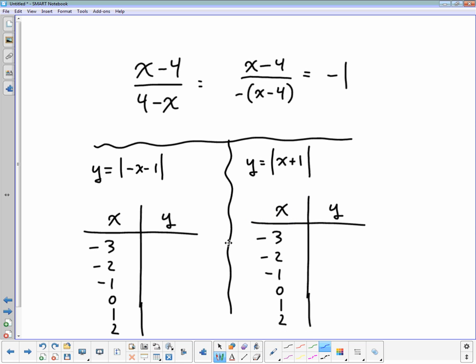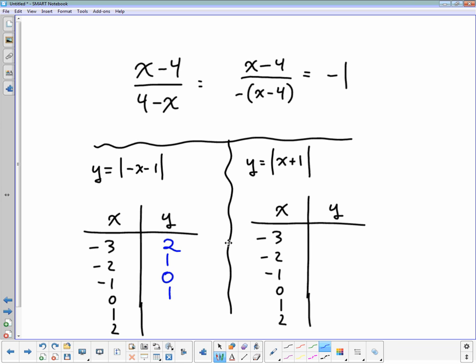Plug in -3 into that equation gives me what? 2. -2 gives me -1. 1.